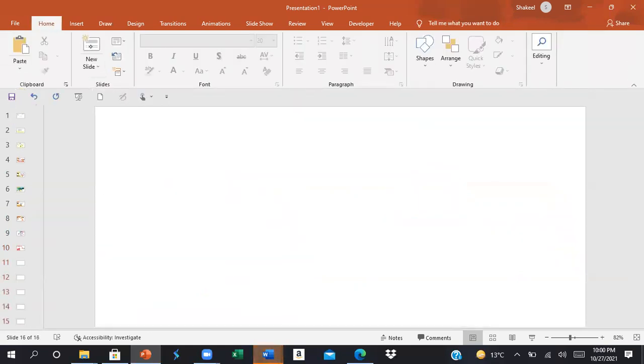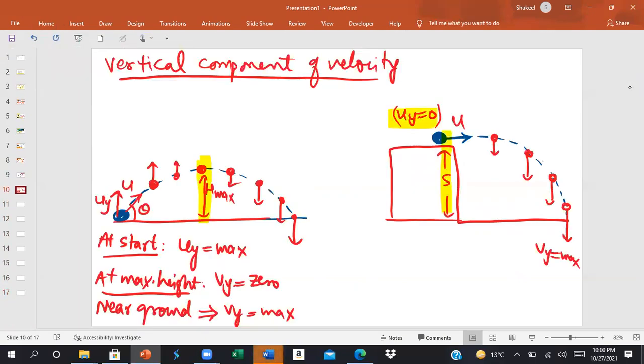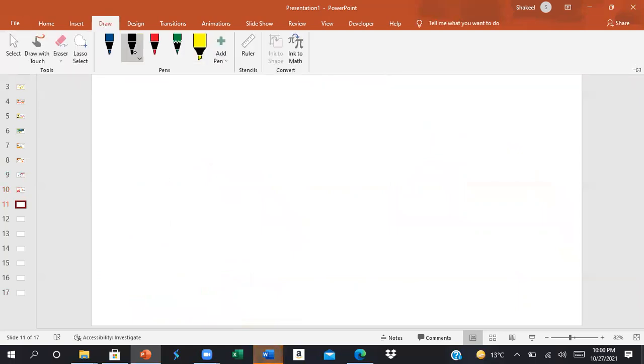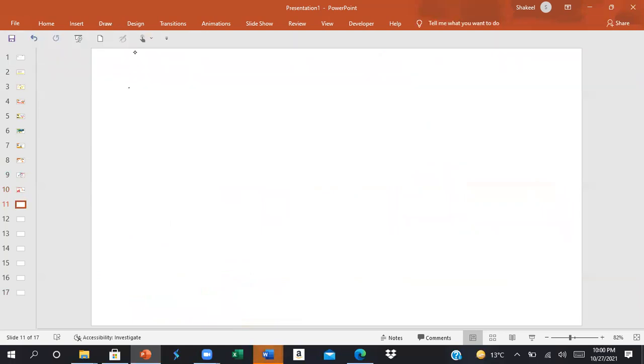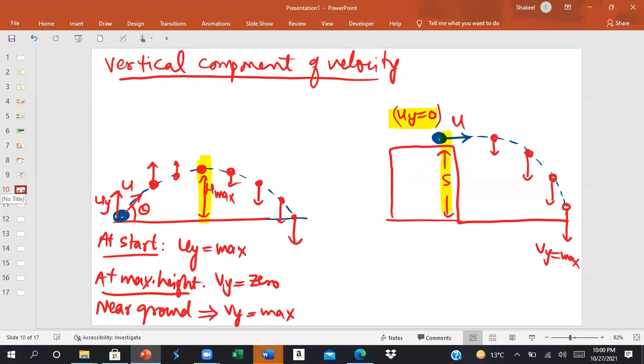Now we can find the value for both of these situations. For this diagram, at the start u_y is u sine theta, right? And over here, in this situation, at the start u_y is 0.